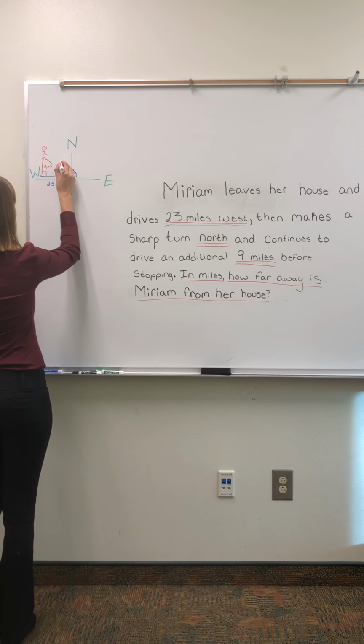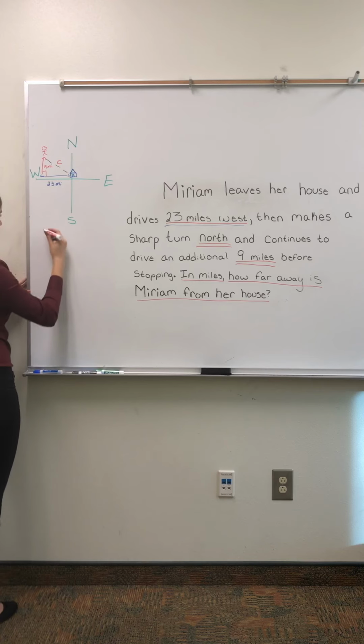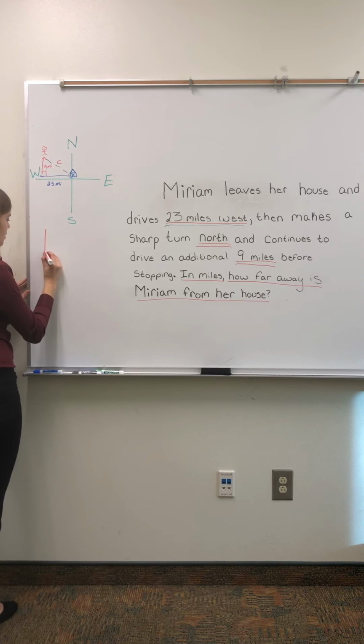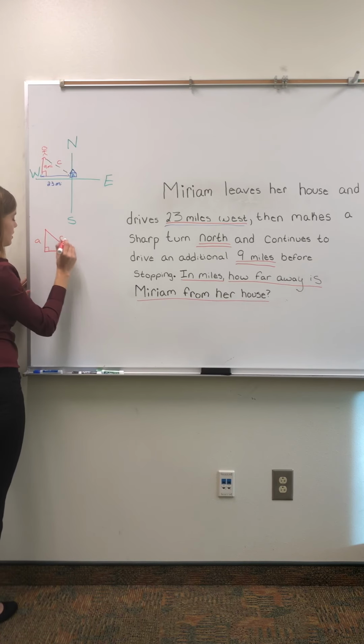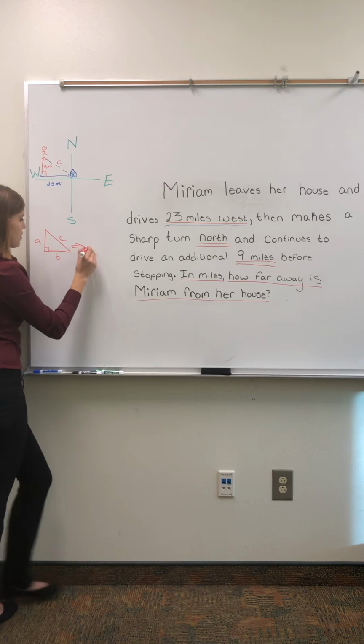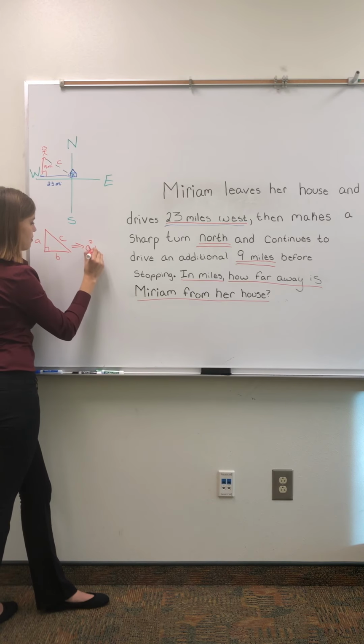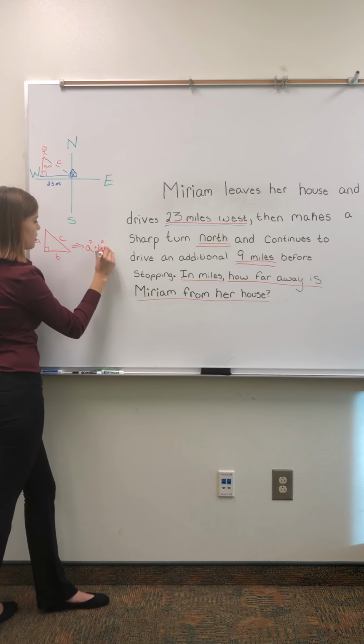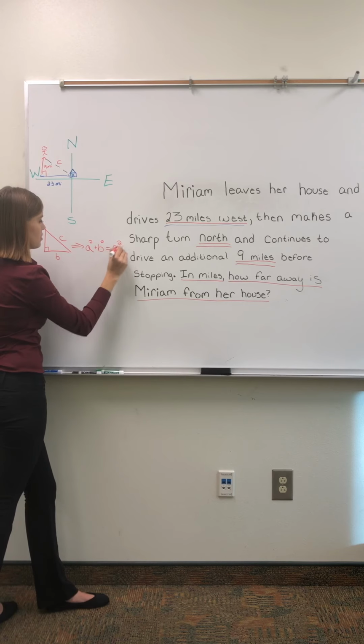where we are attempting to find C. So once again, according to Pythagorean theorem, if we have a right angle triangle, we can label the sides A, B, C. And that means that A squared plus B squared is equal to C squared.